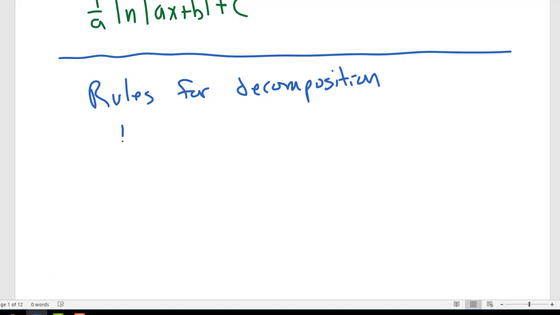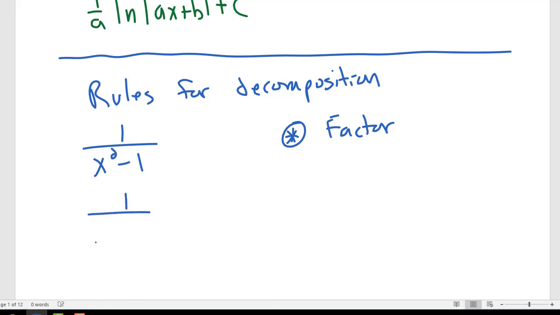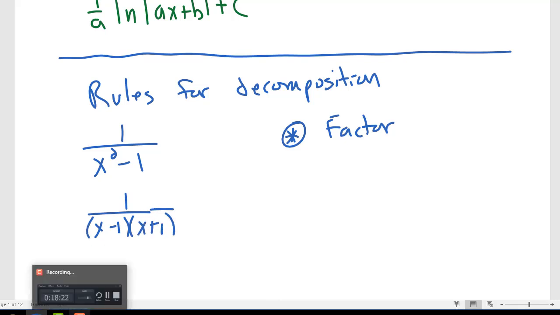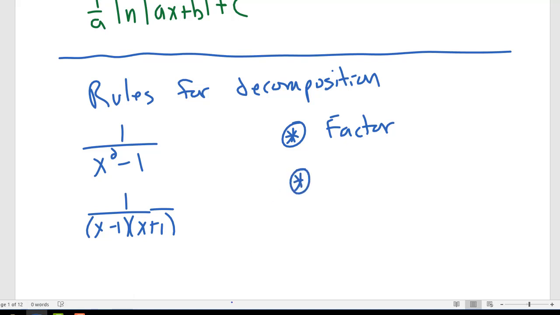So the first example that we saw is what we're going to talk about here. For example, we had 1 over x squared minus 1. So the first thing we're going to always do, step 1, is ask, can we factor? We're always going to factor the terms in the denominator to their simplest forms. So we wrote this as 1 over x minus 1 times x plus 1. We had the difference of squares. And then the next rule is, once we're factored, any linear denominator gets a constant numerator. So we're going to break all linear factors to have their own fraction.